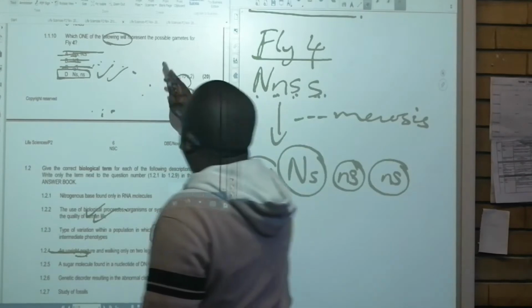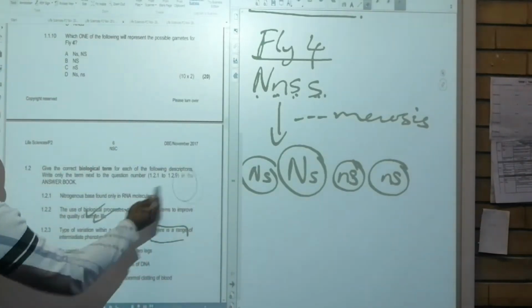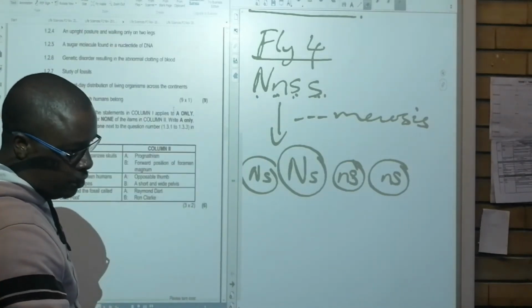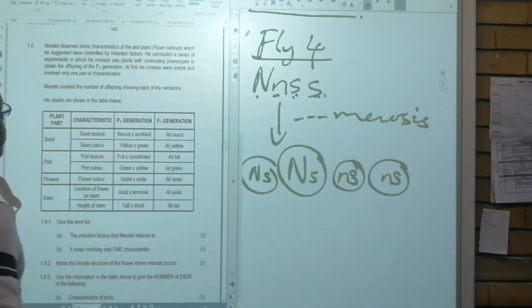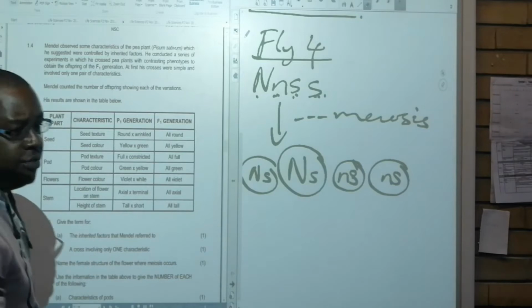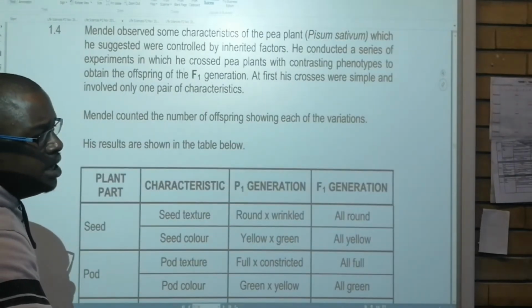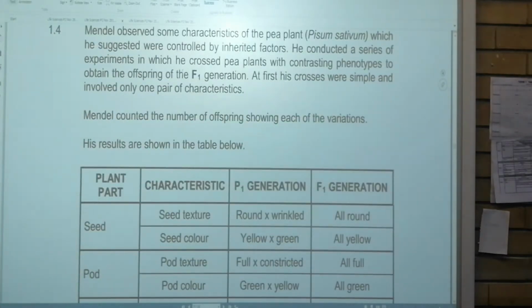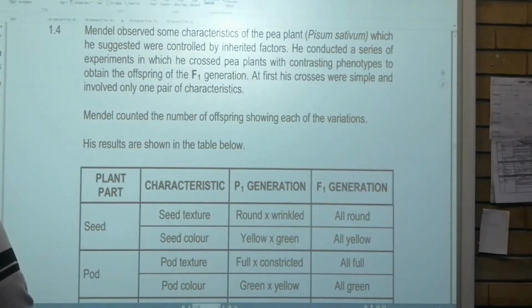Let's continue. Remove this first. 1.14. There we go. Mendel. Let's blow it up first. Mendel observed some characteristics of the pea plant Pisum sativum, which he suggested were controlled by inherited factors.